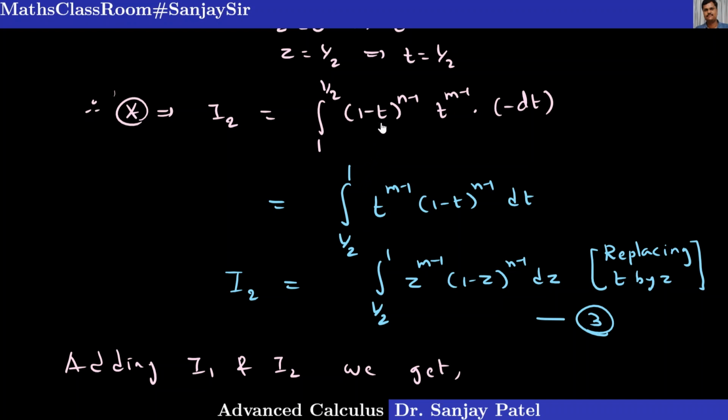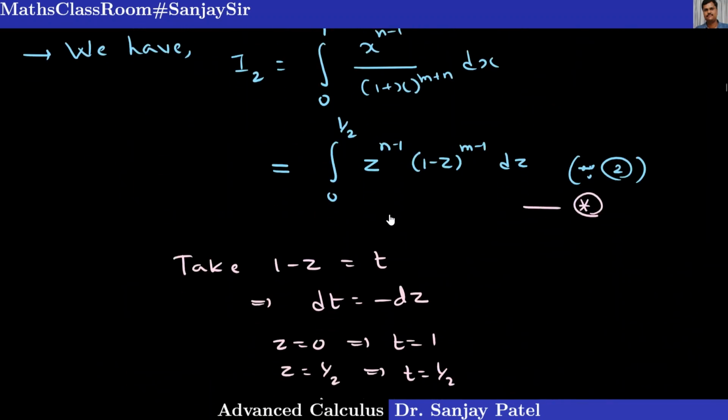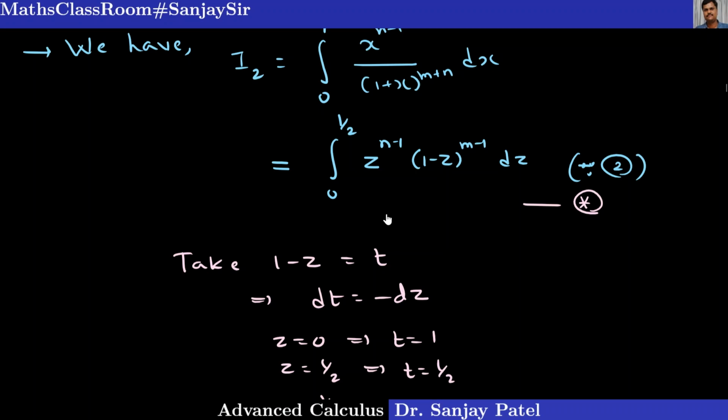This 1 minus t raised to n minus 1 we have written, this is replaced by 1 by 2 to 1, where t raised to m minus 1, and we'll get this. So z raised to n minus 1, fine.